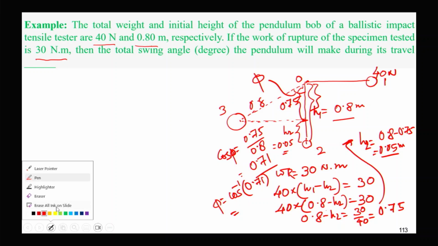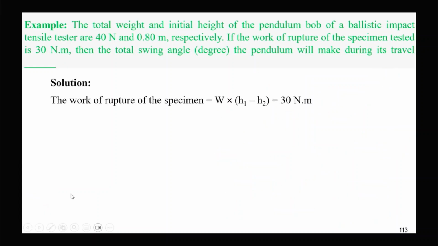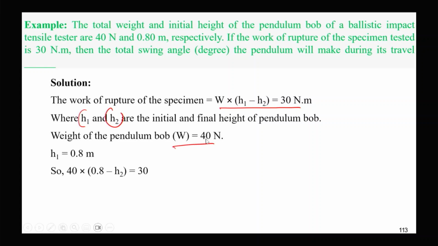So let us see the solution here. Work of rupture is given, so initial height and final height H1, H2, and weight of pendulum. From there we can calculate the final height, which is 0.75, and H2 is 0.05 meter as we have calculated.